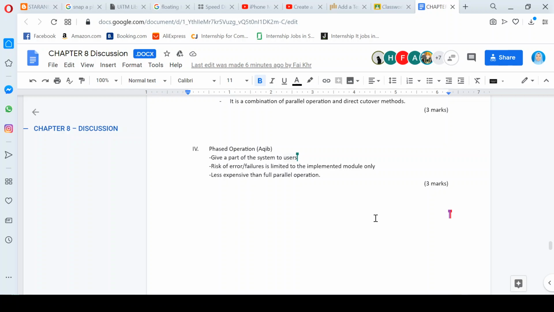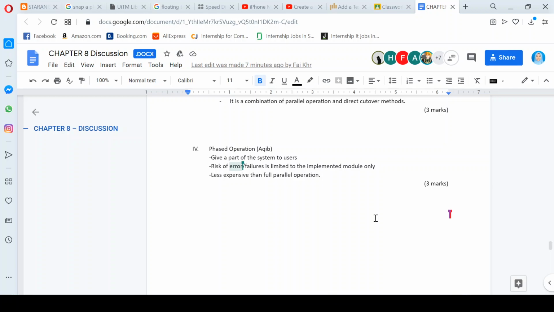So di mana kita akan upgrade kita punya daripada sistem yang lama kepada sistem yang baru mengikut peringkat ataupun mengikut bahagian. Okay. And the risk of the error and the failure is limited to the implemented module only. So di mana jika berlaku masalah ataupun error tu hanya akan berlaku kepada bahagian yang baru yang kita implement kepada sistem yang lama.